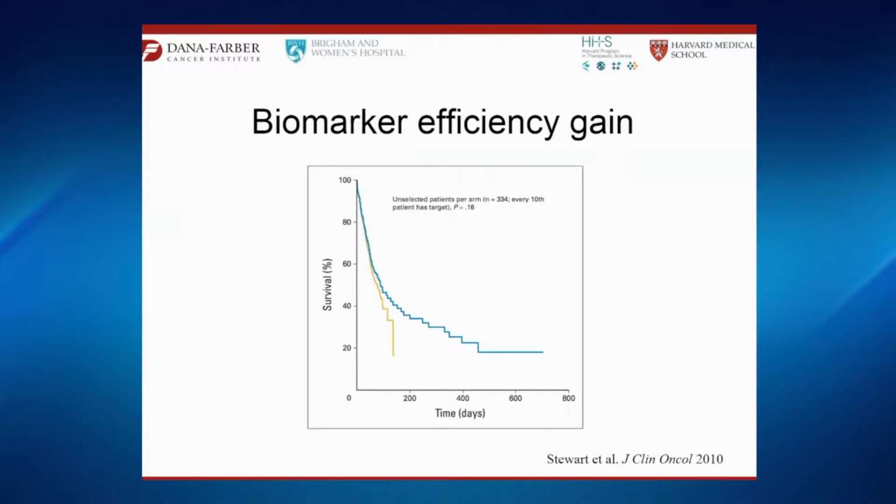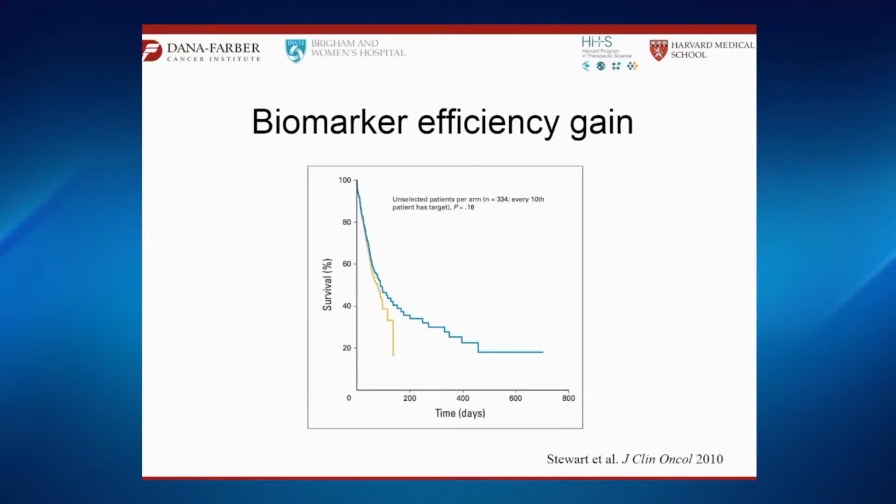So why do people care about biomarkers outside of the biology? This is a thought experiment that was published in JCO, and basically what it said was, imagine a situation where there's 10% of the population that will survive 5 times as long if they get a drug, but you don't know who those people are.